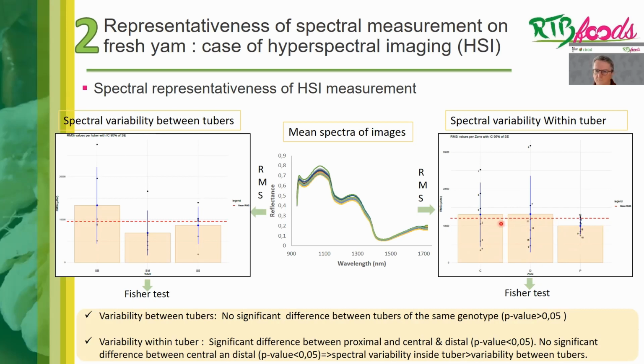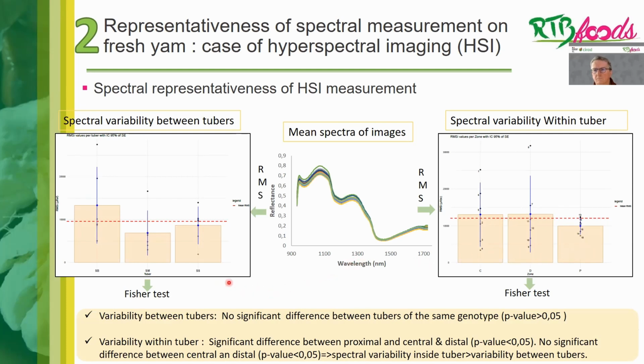So they are close together, and also close to the total average RMS. And also here we see that there is some difference between central and proximal, and between distal and central.